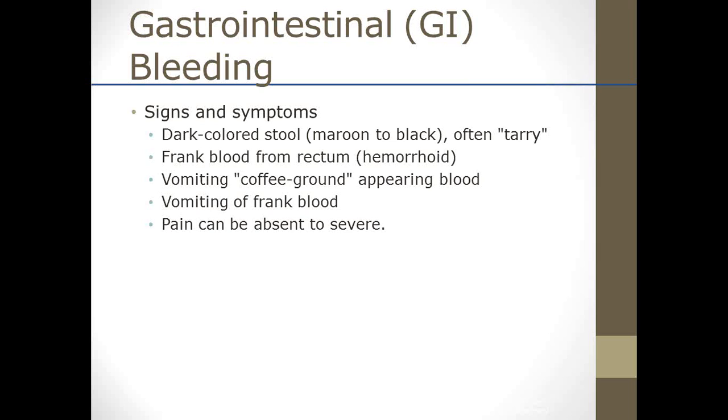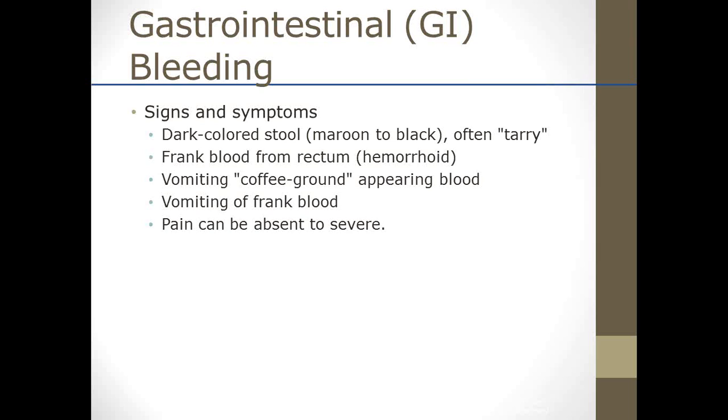The coffee ground emesis we talked about is blood in the stomach. If they're vomiting that frank blood, that bright red blood, then we're looking at probably a tear in the esophagus. That can be really interesting, and it can be very messy because our airway is compromised when we start vomiting blood.